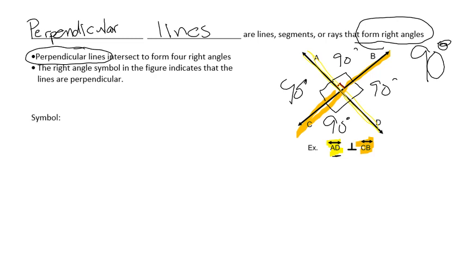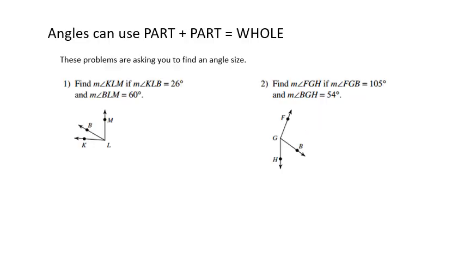So the right angle symbol, that little box, helps you to understand the perpendicular relationship. The symbol for perpendicular is an upside down T. That's the symbol for perpendicular, only it's little. I just made it nice and big because we were on video. So angles can also use the concept that we learned about in segments of part plus part equals whole.